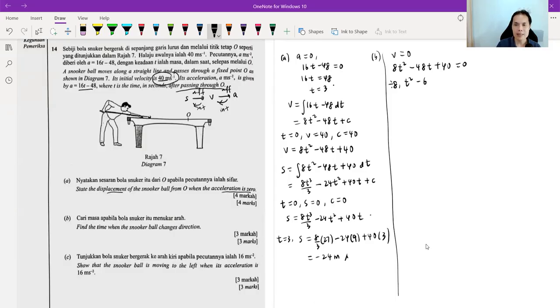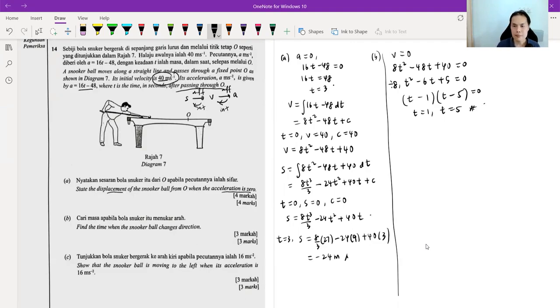So t squared minus 6t plus 5 equals 0. Let's factorize this with double brackets. Your factors should be 5 and 1, minus and minus. So your t values are 1 or 5. There are two values. The time is 1 or 5 seconds. So it actually changes direction twice.